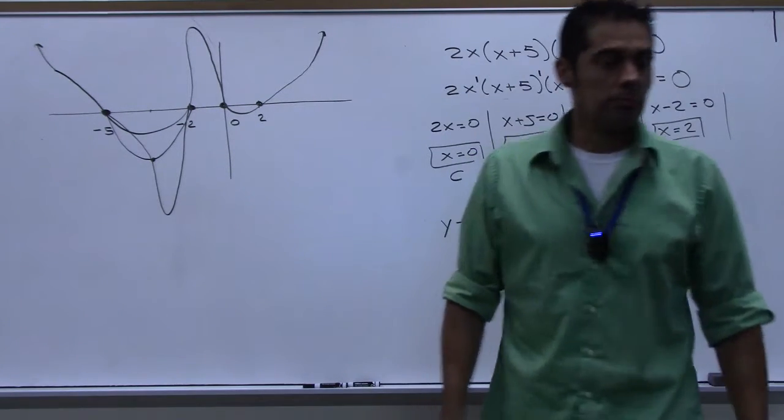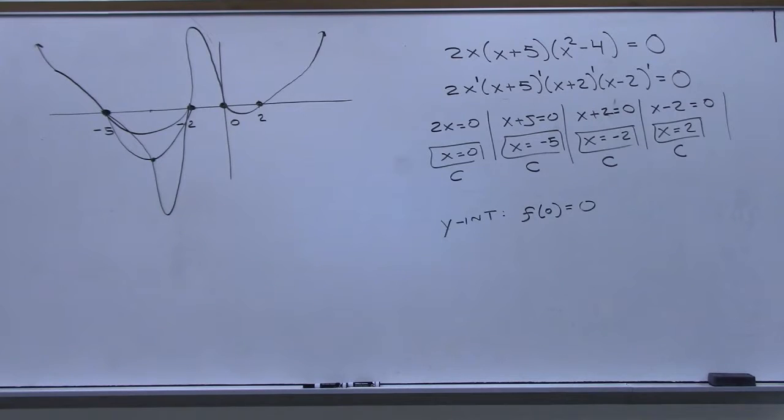Okay, let's move on. There's a couple more things at the end of this section we need to do. This time, we're going to go backwards. I'm going to give you the picture, and you're going to try and come up with a polynomial that would draw that picture.